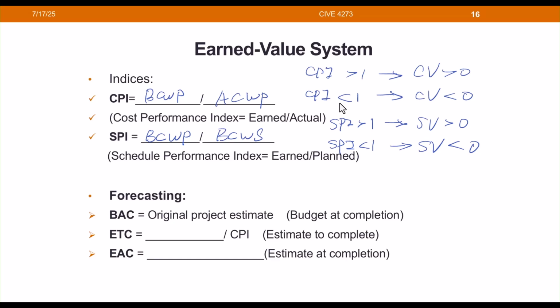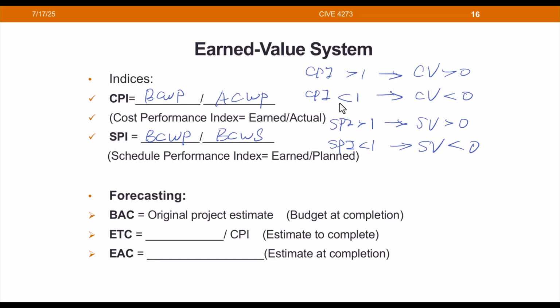All right, so think about, just flip back to the previous graph and see which one is ahead of schedule, which one is behind schedule, which one is cost underrun, which one is cost overrun.